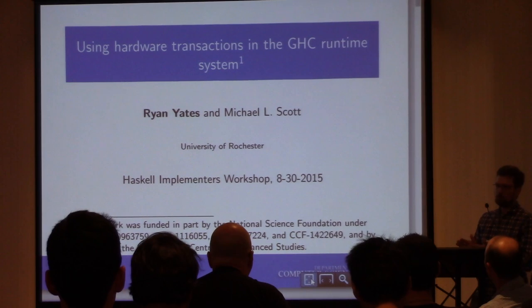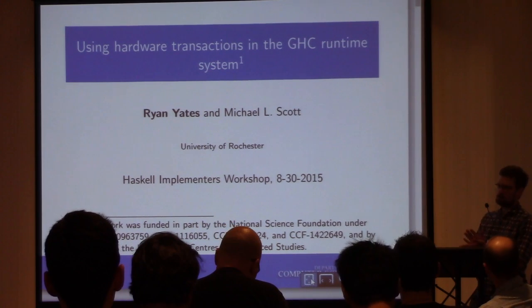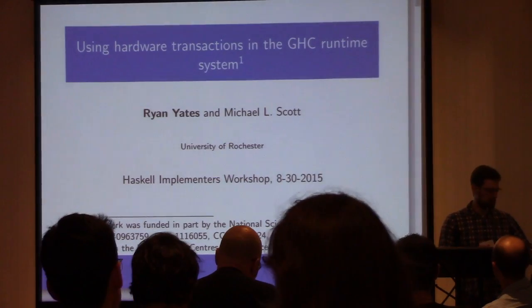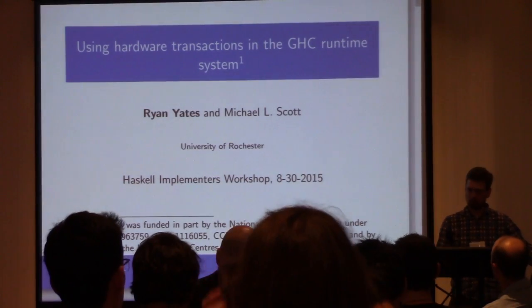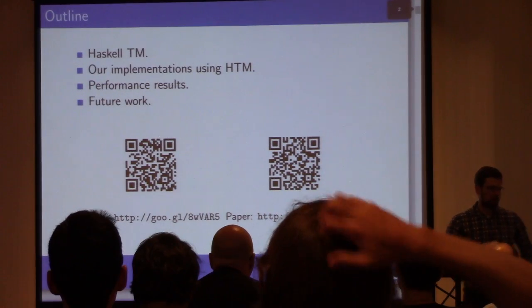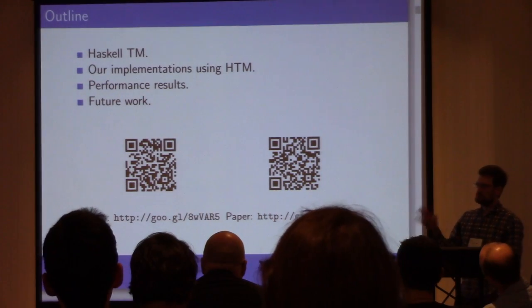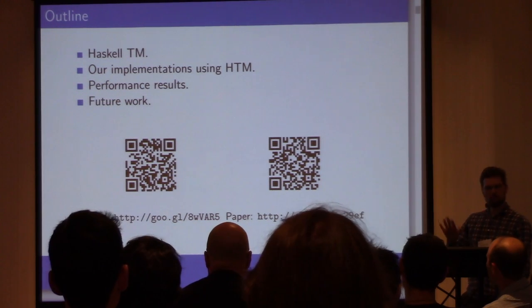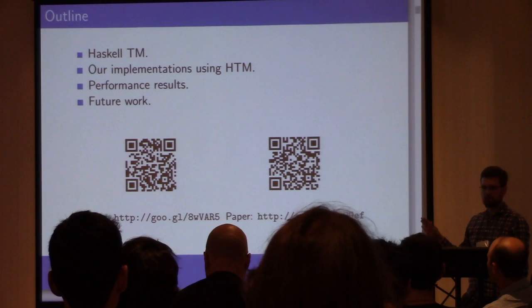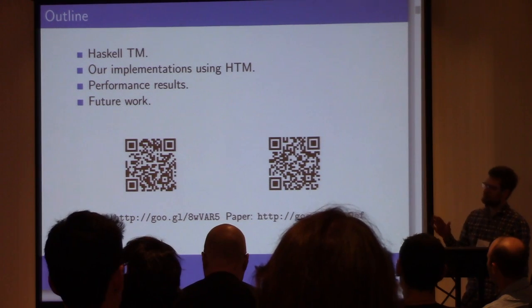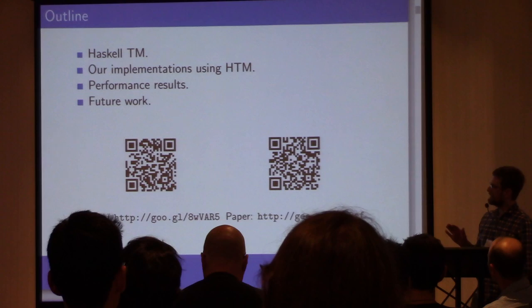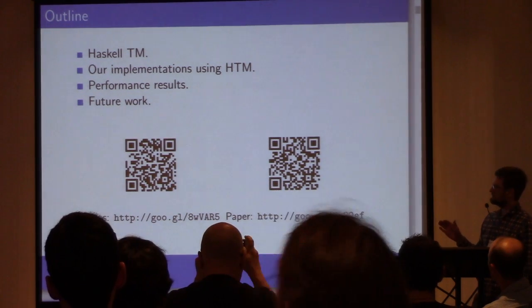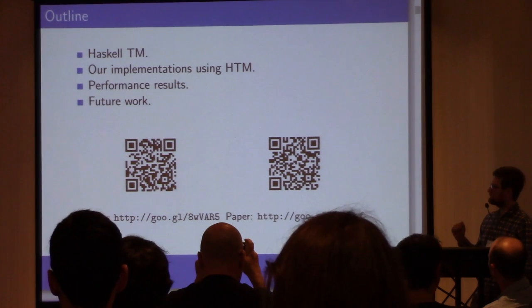I've been working for a while on using hardware transactions to speed things up, and specifically we'll look at software transactional memory in Haskell. I'll start by describing what transactional memory is from the perspective of the transactional memory research community, and how that connects to STM in Haskell, and then look at some of the implementations that I've done of hardware transactions and how well those perform.